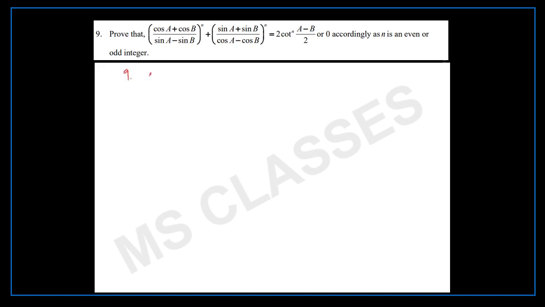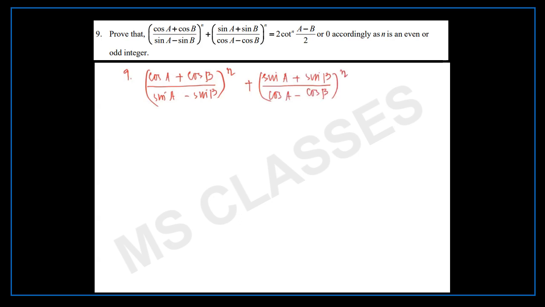It is given cos A plus cos B by sin A minus sin B, whole to the power of n, plus sin A plus sin B by cos A minus cos B, whole to the power of n.